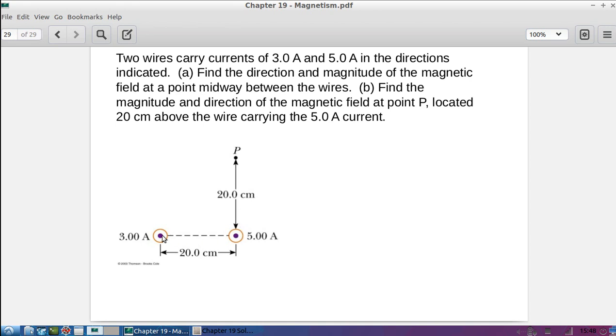So this R vector goes up like this, and my magnetic field vector is going to be perpendicular to that. So this angle makes a 45-degree angle with a horizontal line here. My magnetic field vector is also going to make a 45-degree angle with the horizontal line passing through P.